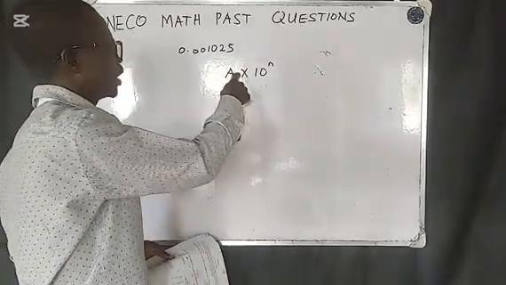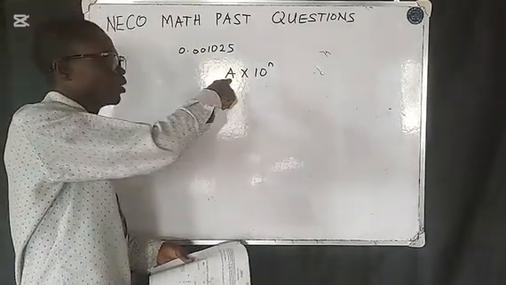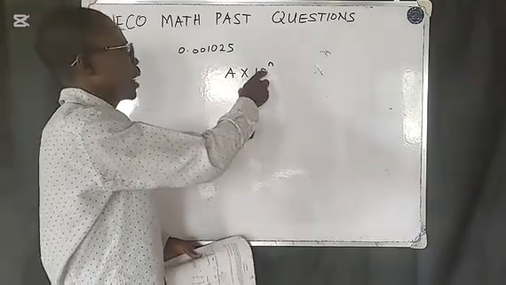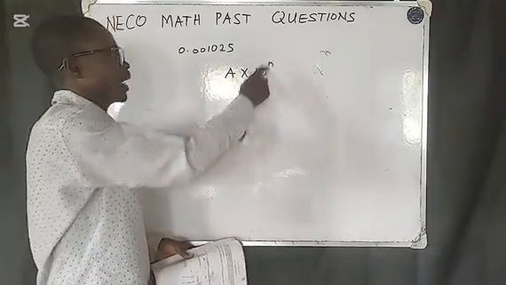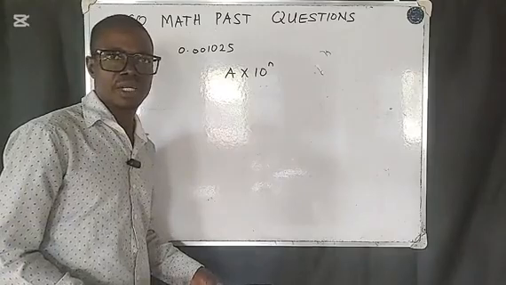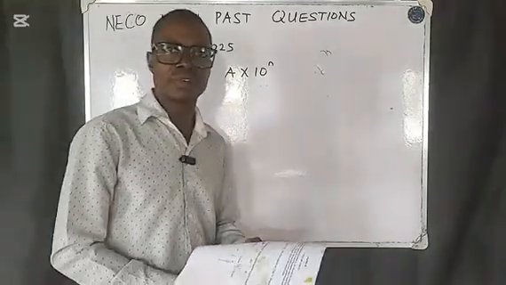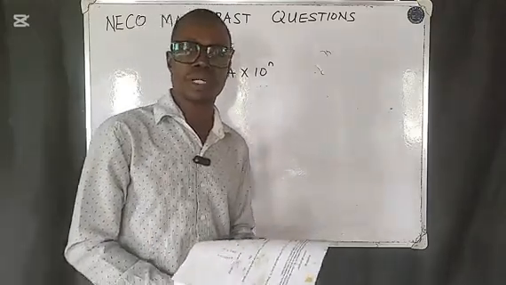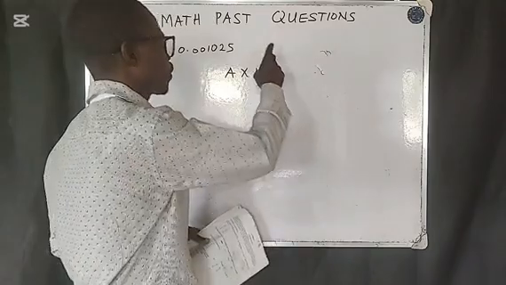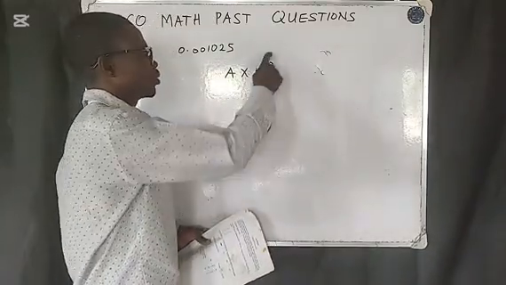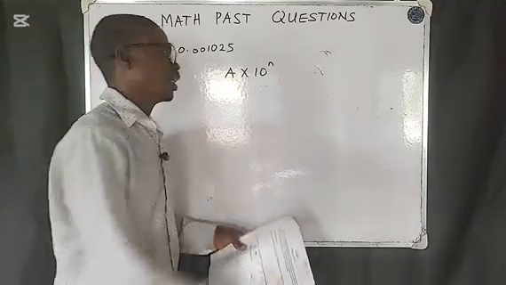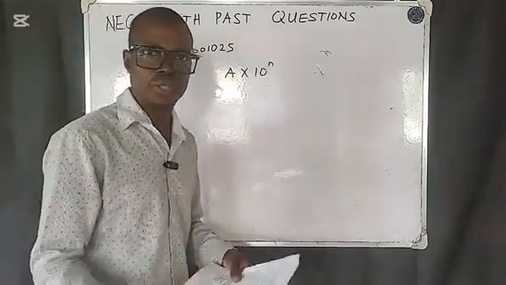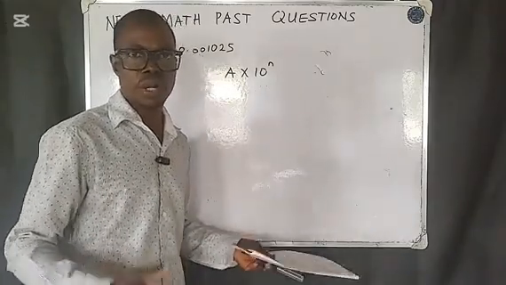You put your point after the first non-zero digit. Then any number in standard form will be multiplied by 10, raised to a particular integer. An integer could be a negative number, could be 0, and could be a positive number. So the power could range from negative to 0 to positive.